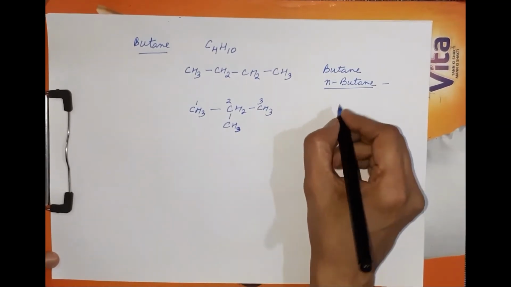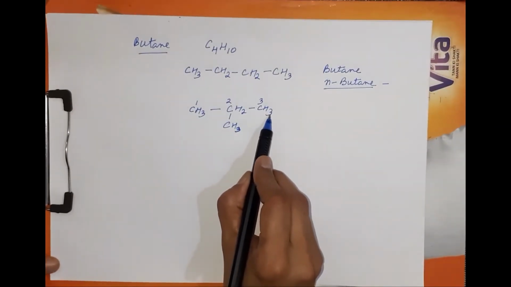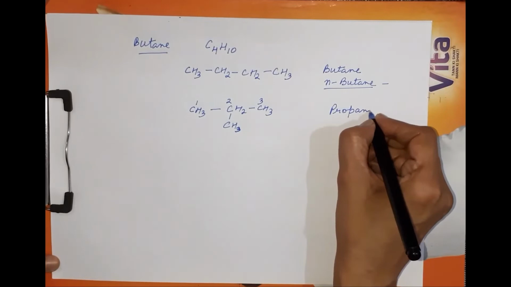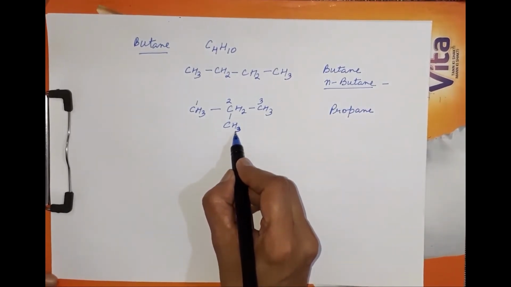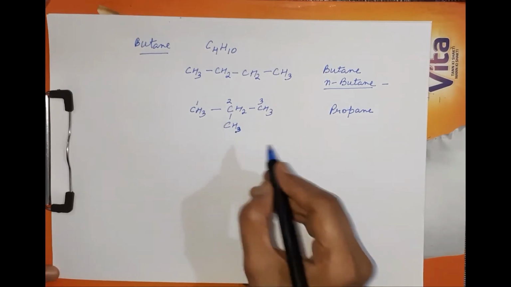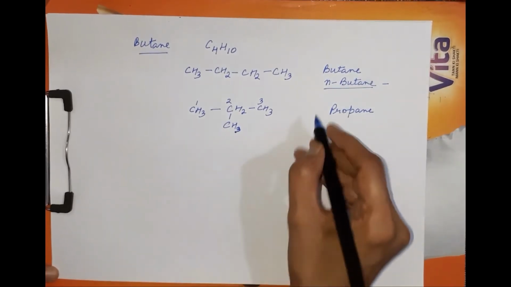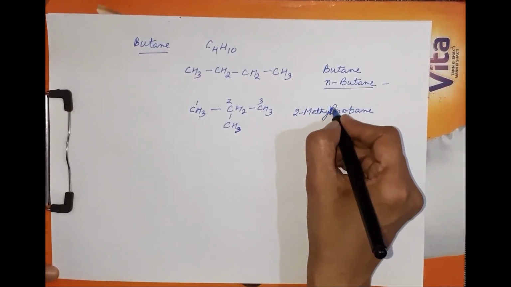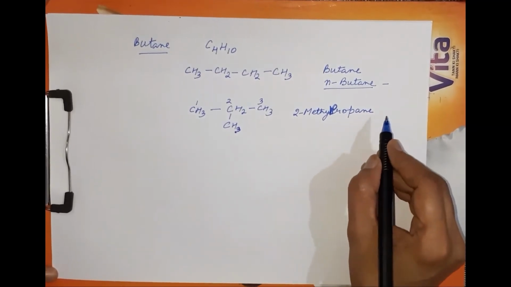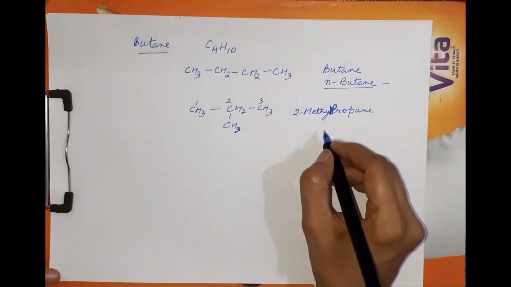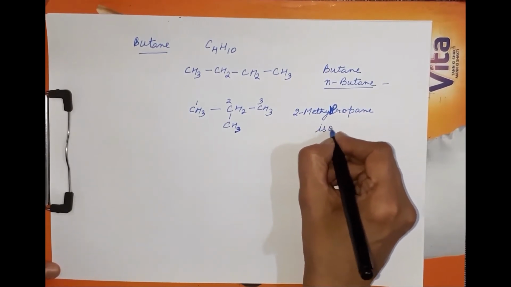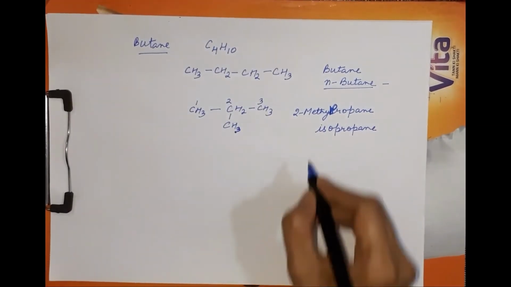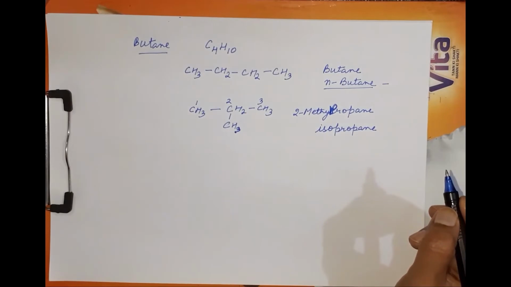Because the parent chain is of 3 carbon atoms, it will be prop, and all are single bonds, so propane, and this methyl group will be written as a prefix, and the position is 2-methyl. So this will be the name 2-methylpropane, and the common name in this case will be isopropane.